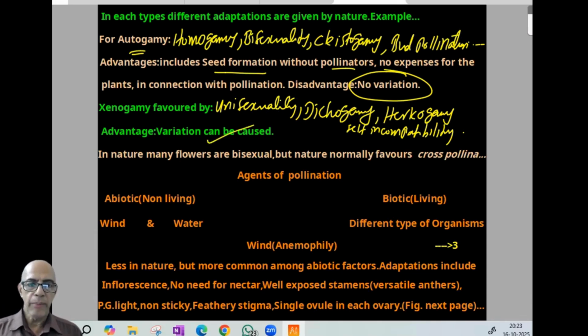In nature many flowers are bisexual, but always remember nature favors cross-pollination. Here, due to lack of time, I just finished them.